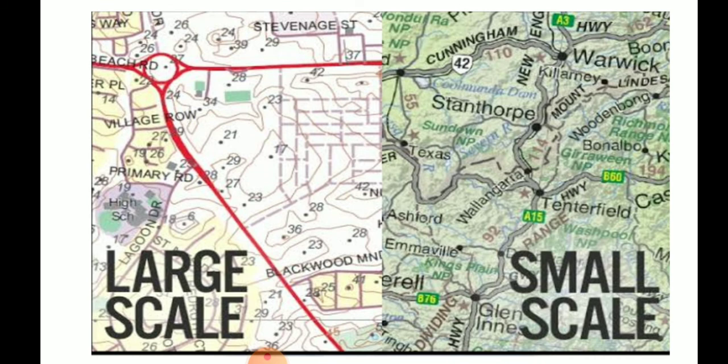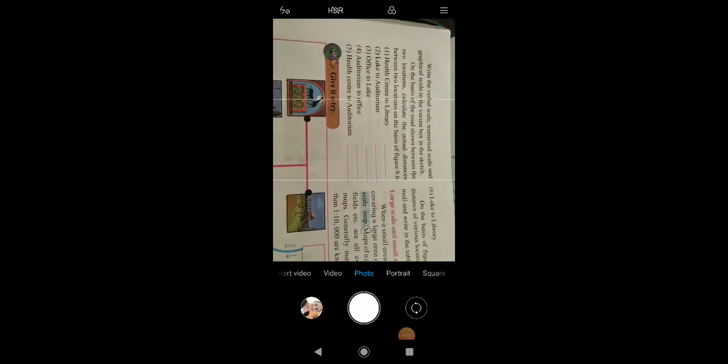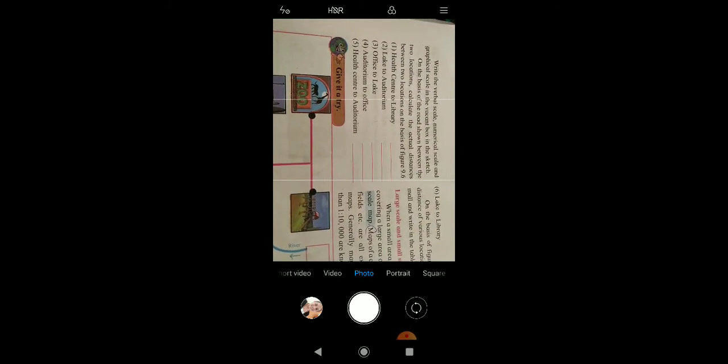Okay, so there is one more activity on page number 64. You have to do that activity on the basis of the road shown between the two locations. You have to calculate the actual distance between two locations.